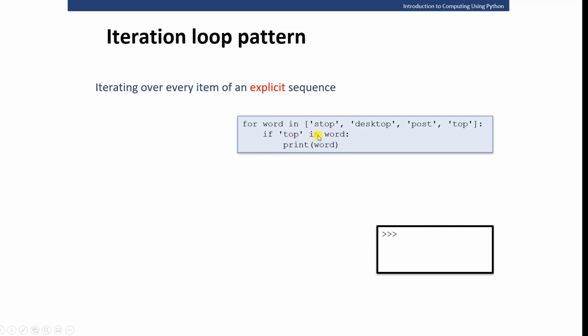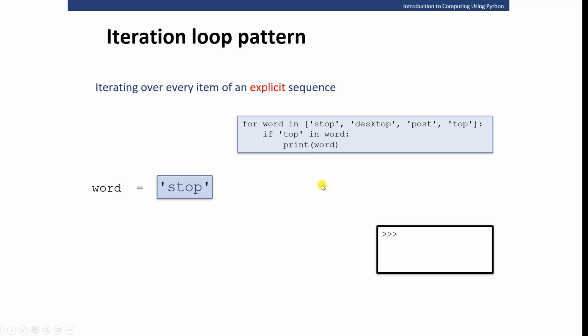So if top is in word, that means for each variable in that list, if that variable, which is a string, contains the substring top, I'm going to print it. Otherwise, I'm not going to print it.